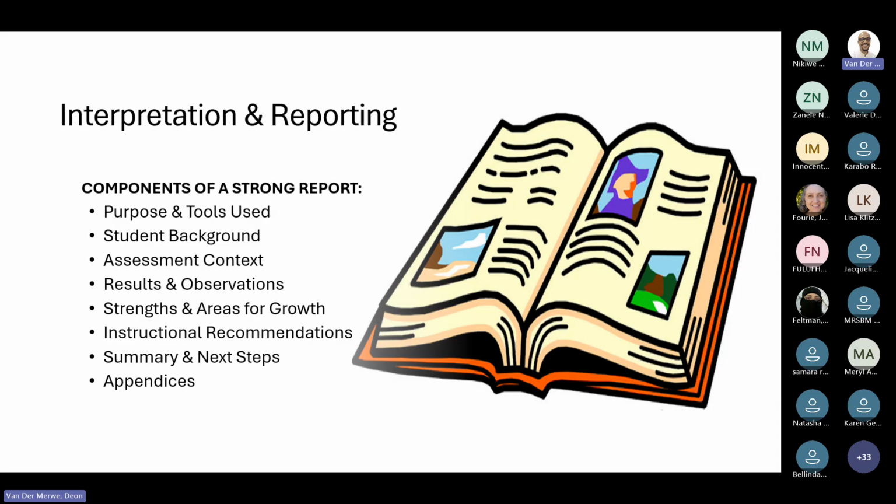And this could include identifying reading levels, diagnosing difficulties, or measuring progress, as well as identifying the assessment tools used by describing the specific tools or the methods used for the assessments, such as standardized tests, running records, or informal reading intervention.